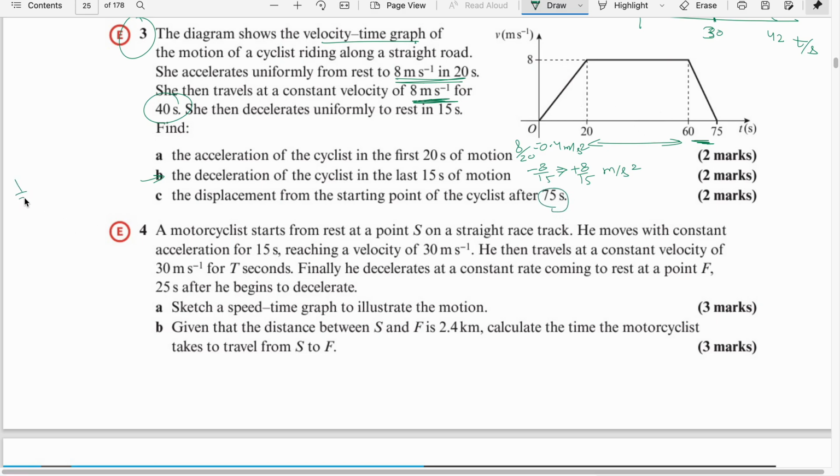Area, 1 by 2, sum of parallel sides, from 20 to 60 is 40, plus 75, times height 8, is 460 meters.